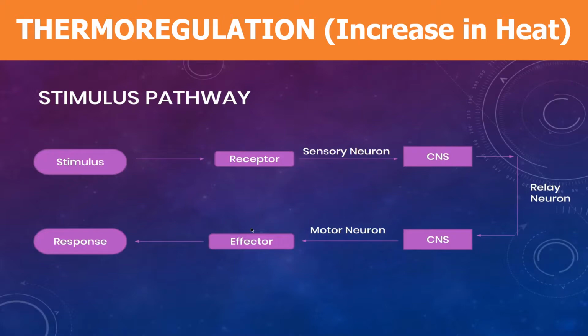Arterioles in skin dilate, shunt vessels constrict, more blood flows to blood capillaries in the skin, increasing heat loss. Sweat glands become more active. More sweat is produced, more latent heat loss. Hair erector muscles in skin relax, and metabolic rate decreases. And then for the response, this is where the blood temperature decreases to the normal temperature.